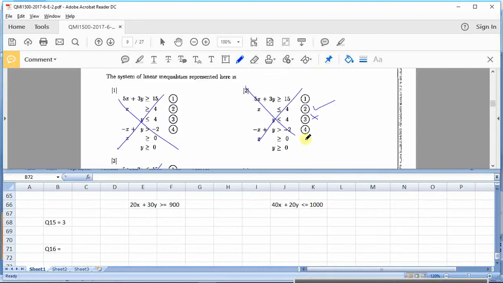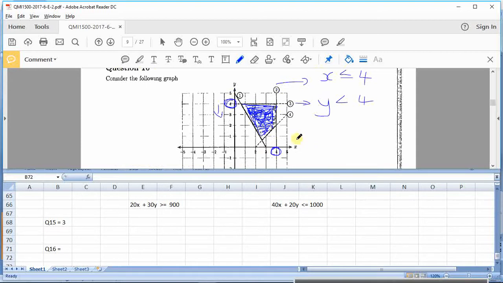Right, now we need to look at these 2 lines. This line that's curving that way, and this line that's curving that way. So obviously for line 1, I'm going to need the intercept.